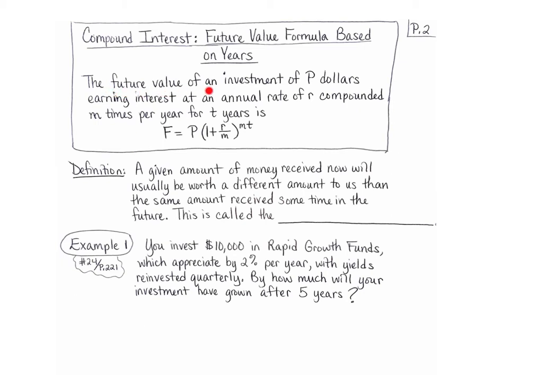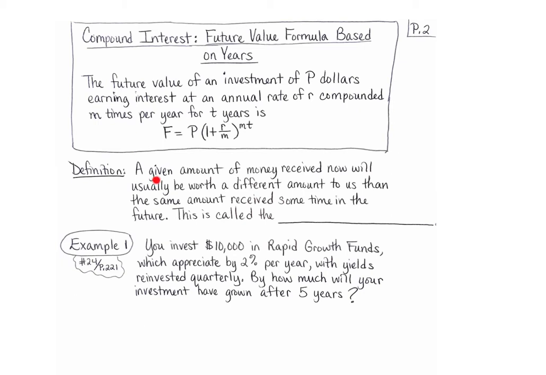The future value of an investment of P dollars earning interest at an annual rate of R compounded M times per year for T years is given by F equals P times the quantity 1 plus R over M raised to the MT. You've seen this formula, but now you're seeing it as the future value formula based on years, so you should remember it.